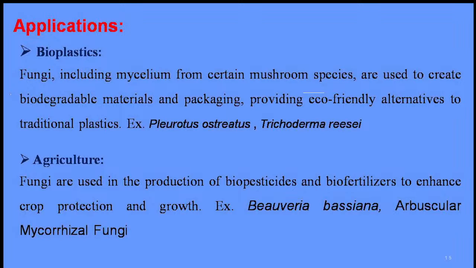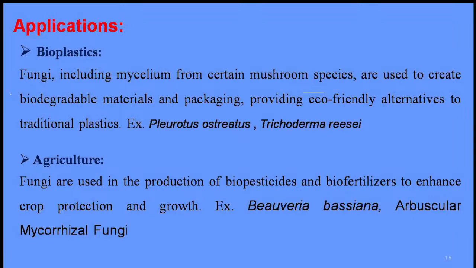Then Trichoderma species is also used as a biopesticide to control plant pathogenic fungi and nematodes. Then some fungi like arbuscular mycorrhizal fungi, what we call AM fungi. These AM fungi can be used as a biofertilizer. These beneficial fungi can establish symbiotic relationships with plant roots, enhancing nutrient uptake, particularly phosphorus.